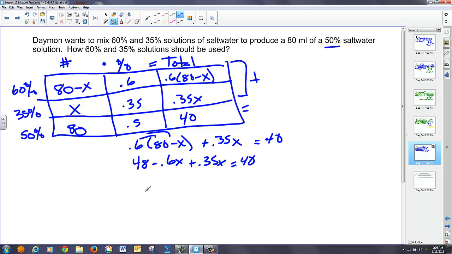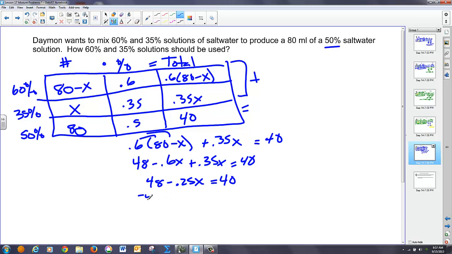I'm going to combine like terms. So I have 0.35 minus 0.6 is equal to negative 0.25x, and that's equaling 40.